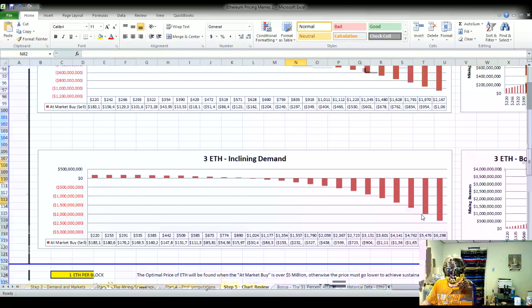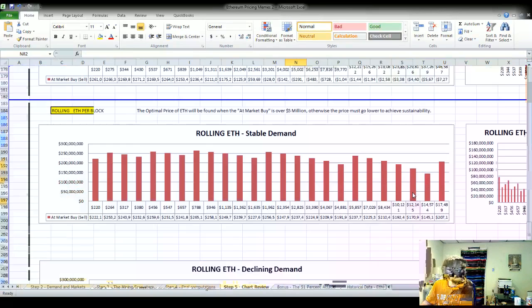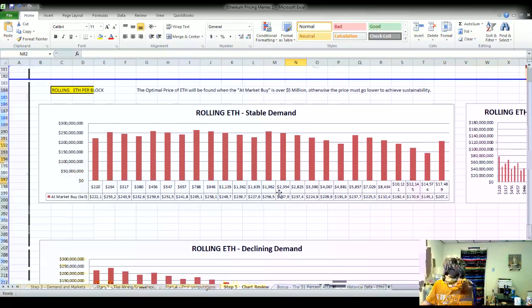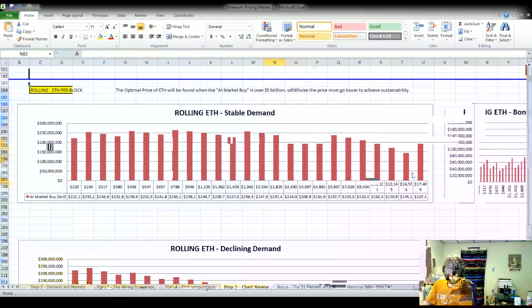This is like the banking system. With my system, as the price goes up, the expense goes down as a percentage, but the fixed cost, which is over here, stays roughly the same. So here's the fixed cost.